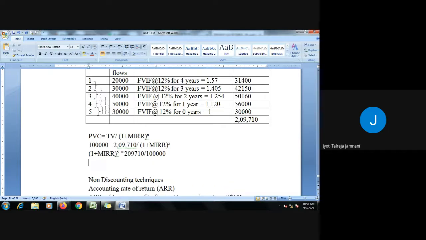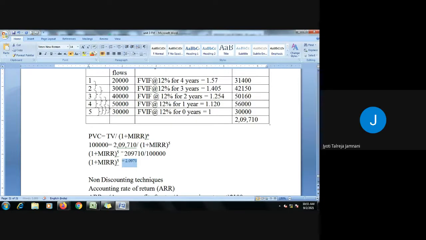Once you divide, just check how much you get after you divide. 2,09,710 divided by 1 lakh. 2.097. 2.0971 exactly I'm getting, so I'll take those.